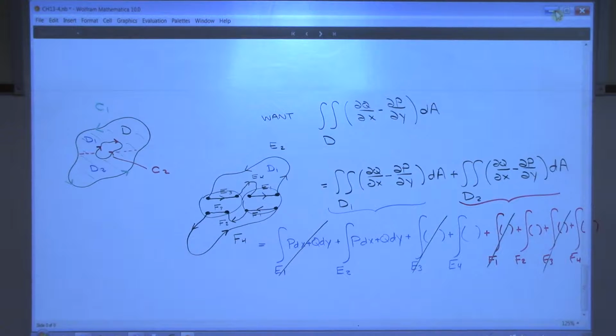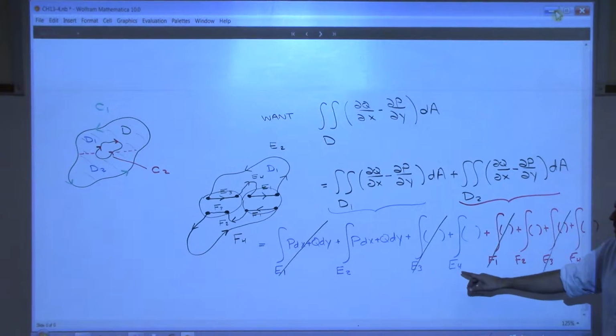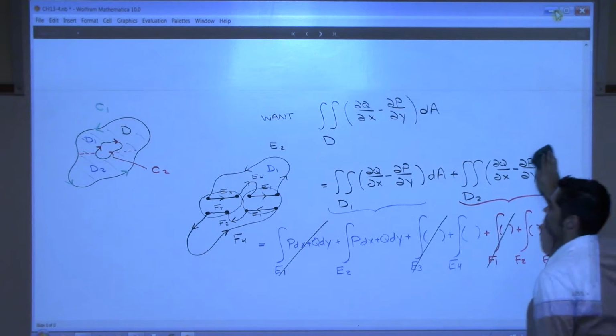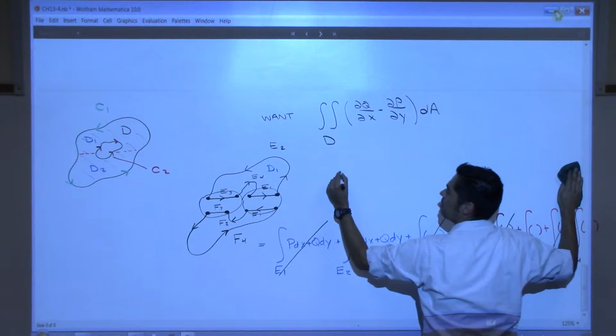And what's left is pretty amazing, I think, if you see it. What is E2 and E4, right? That's what we have. F2 and F4. So let me do it this way. I have to erase here. Remember, that's what we're looking to get, right? That's what we wanted to see what it turned into.